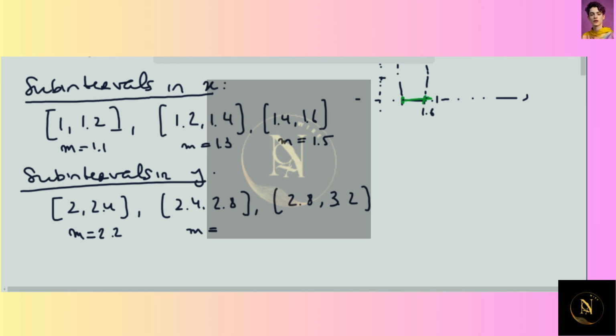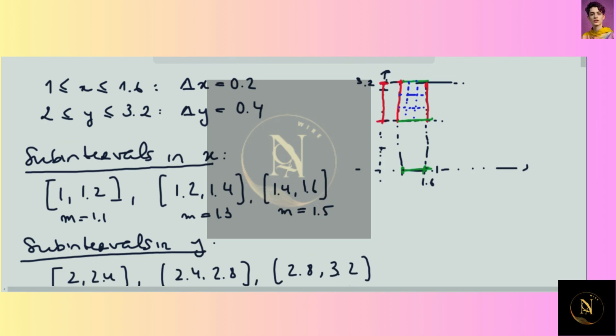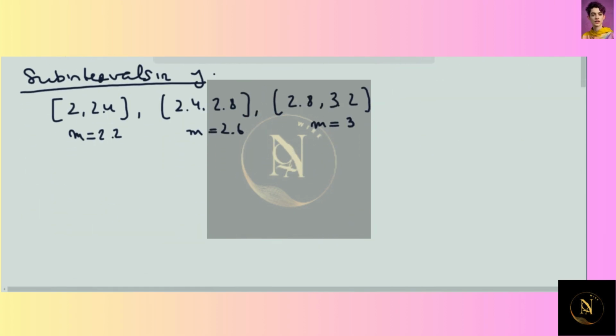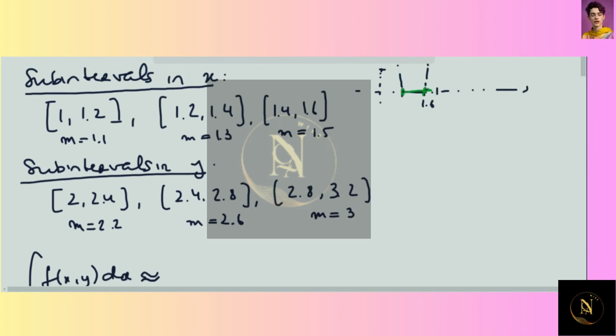Here we're going to have 2.6, and here will be 3, right? So our sum will have, of course, 9 terms, because we're going to have 9 rectangles here, right? So we need to calculate the integral of the function over each of these rectangles, evaluating at the midpoint. So our approximation for the integral of f of x,y dA, right, will be, okay, first term.